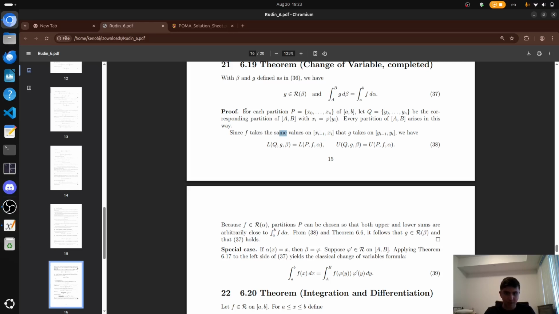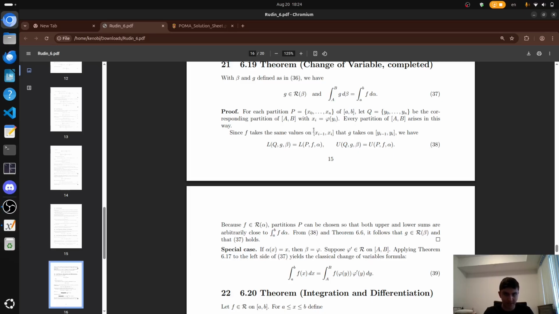Let's read the proof now. For each partition P = {x0, ..., xn} of [a,b], let Q = {y0, ..., yn} be the corresponding partition of [a,b] with xi = phi(yi). Every partition of [a,b] arises in this way.